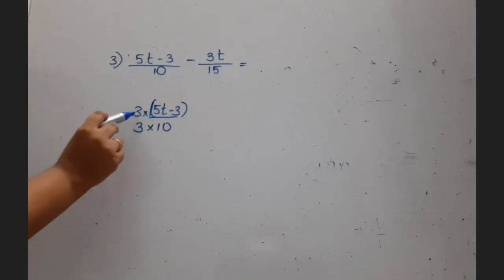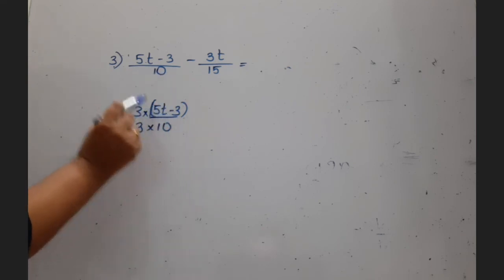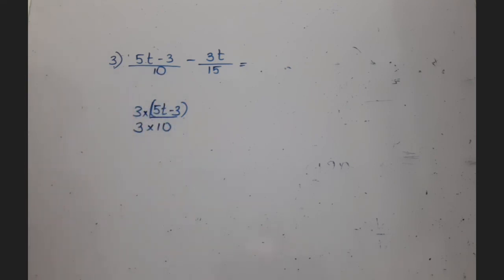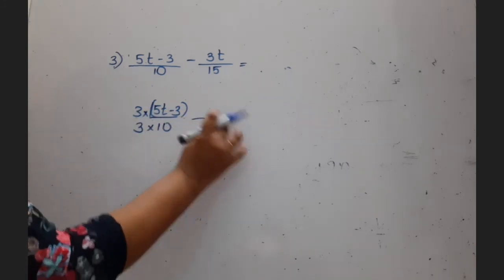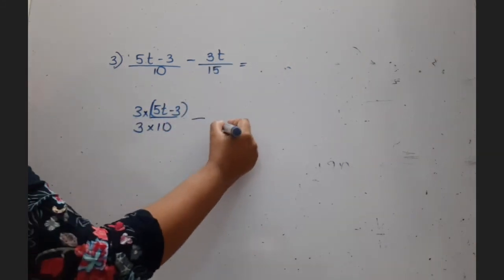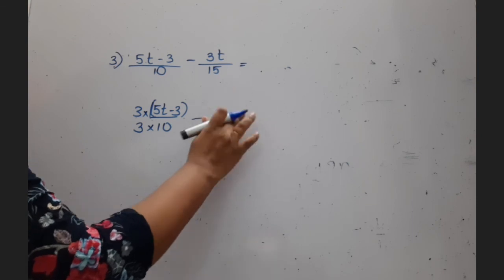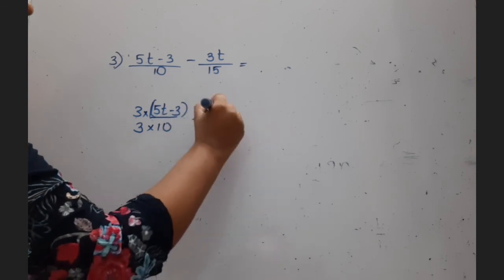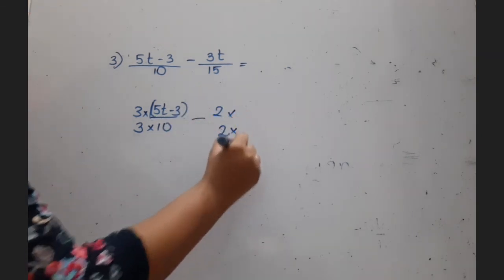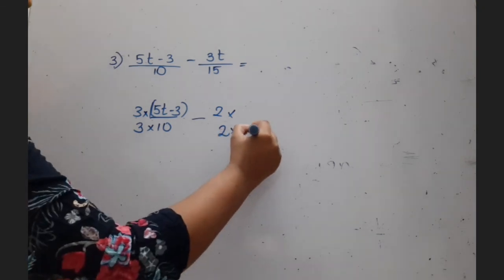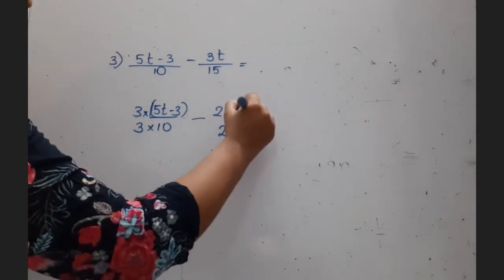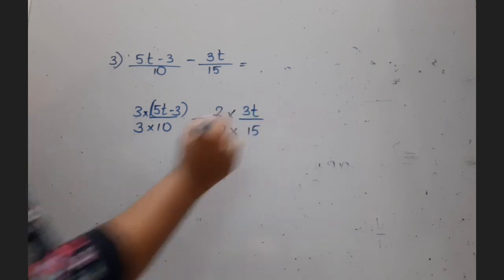Why? 3 should be multiplied by the entire algebraic expression. So always write it within the brackets. Next one is 15 should be multiplied by 2. So let's multiply both the numerator and denominator by 2. So 15 here, and here is 3t.